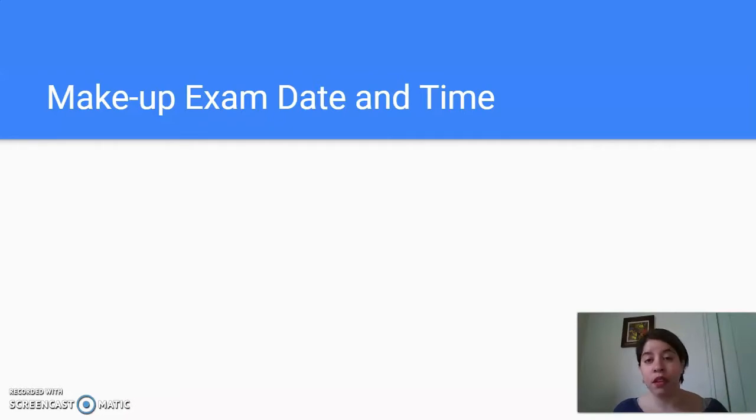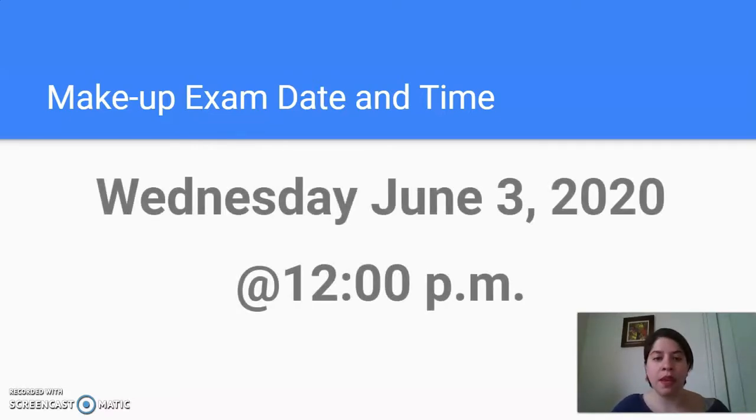And of course, if you know of someone who doesn't have access and they're not going to see this video or this PowerPoint, please reach out to them and share the information that I'm sharing with you, and give them the information that I'm going to be posting up today about getting the technology to be able to take the test. So the makeup date is going to be Wednesday, June 3rd, 2020 at 12 p.m.